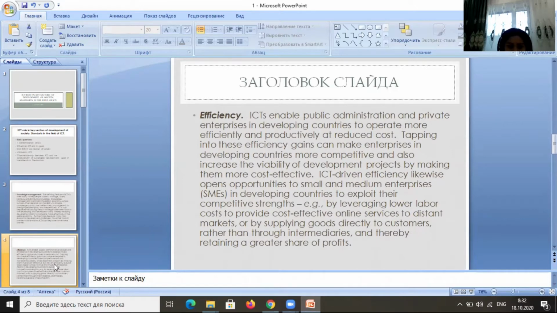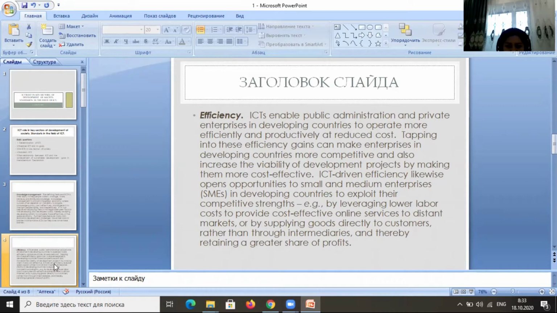ICT enables public administration and private enterprises in developing countries to operate more efficiently and productively and reduce costs. Tapping into these efficiency gains can make enterprises in developing countries more competitive and also increase the viability of development projects by making them more cost effective.